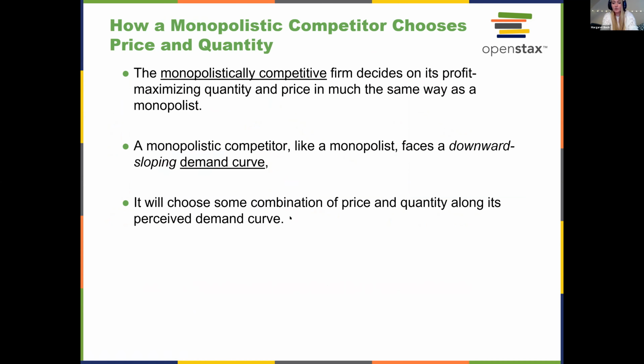We could go through and make that same little chart that we did for a monopoly with the demand and the marginal revenue and all of that. But to keep things simpler, since we already did that in a previous video, just assume that we can do the exact same thing for a monopolistic competitor.